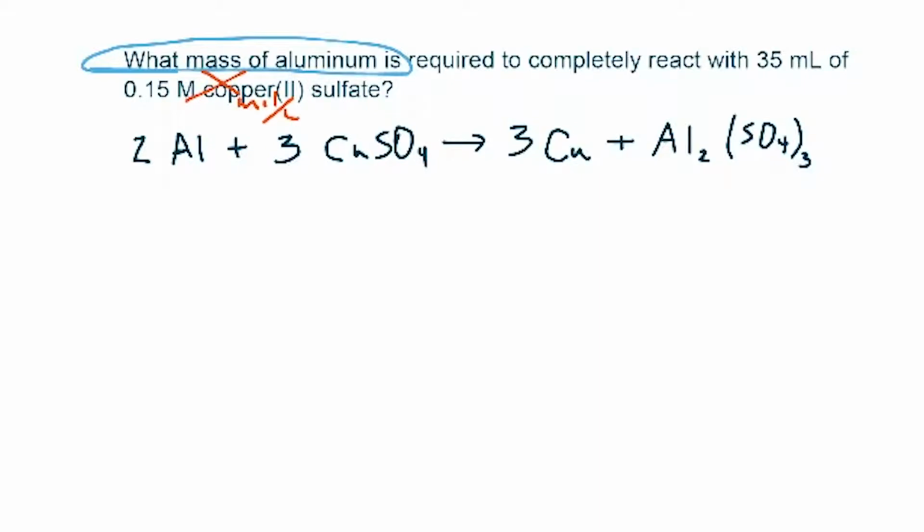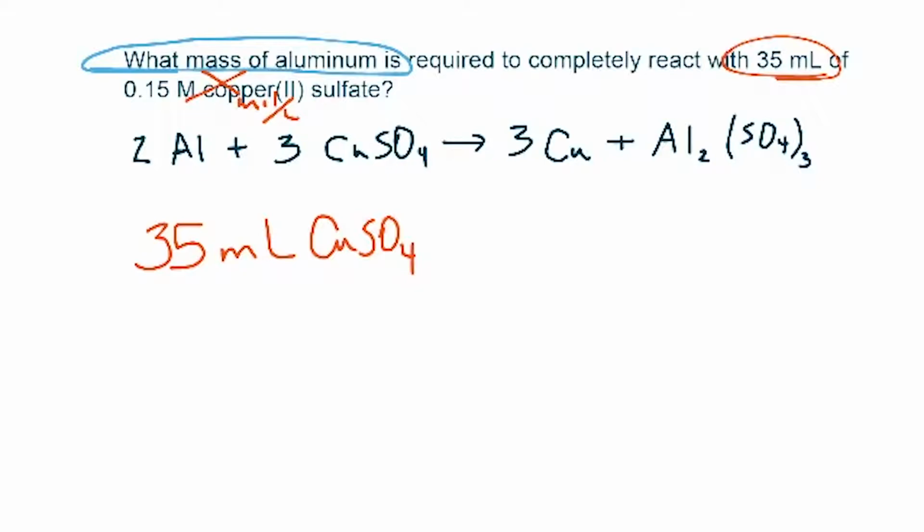That way you can see the units, and we use the units to help us decide what the math is supposed to be. So that means that our given amount is the 35 milliliters of copper(II) sulfate. So we go ahead and start with our given amount, 35 milliliters of our copper(II) sulfate solution.